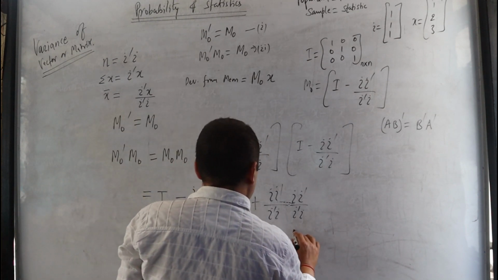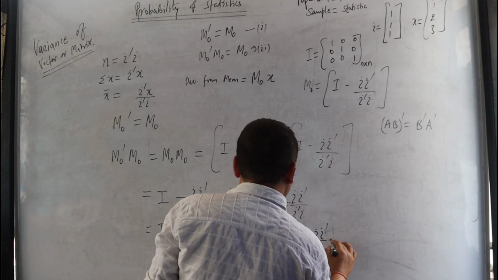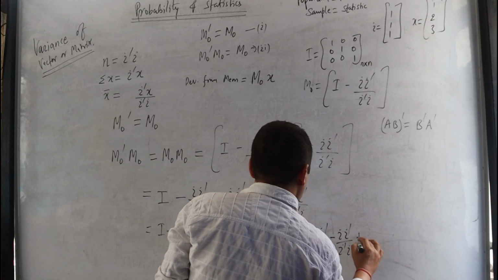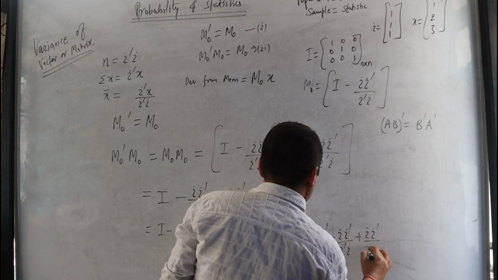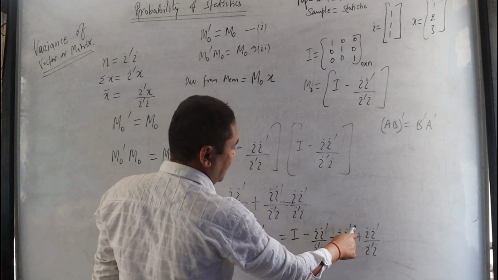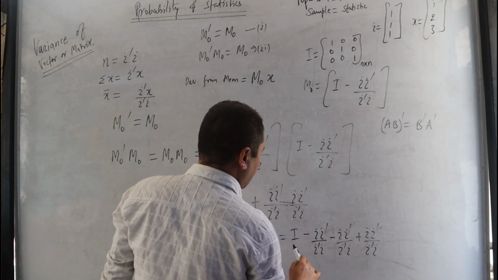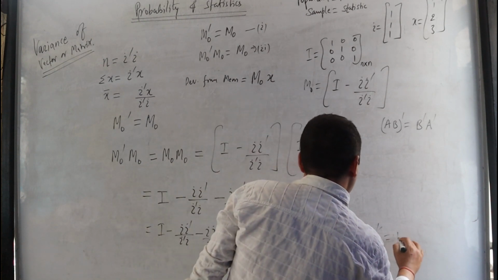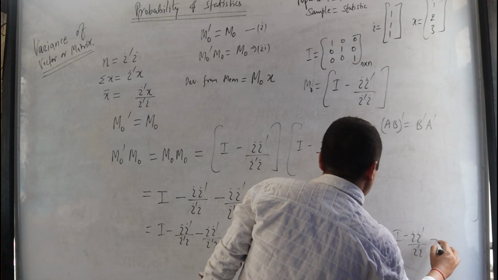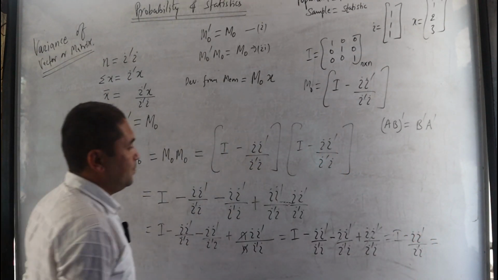Finally, we have I transpose, minus I transpose I, and then plus we are left with I transpose I. We can cancel either this with this or this with this, any one of them, and if we cancel it, we are left with I minus I transpose I, and this is the same matrix that we had started with, it is M0.